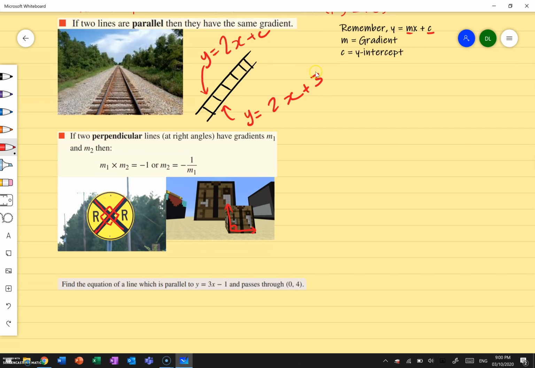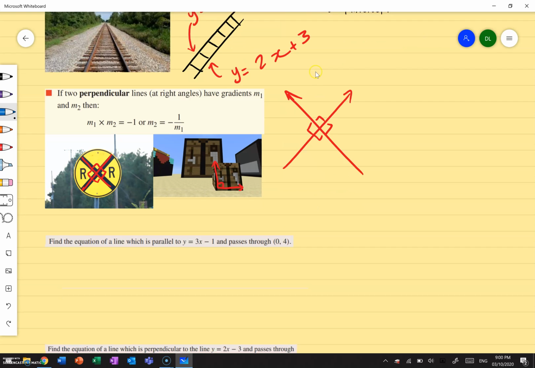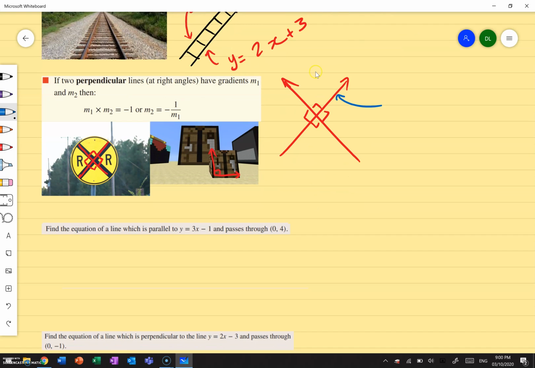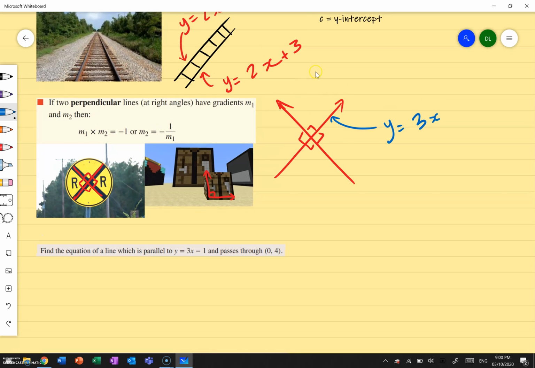Now, you could follow this over here. Basically, what it's saying is that those two gradients need to multiply to give -1. But a way to kind of go about that is, let's say that the gradient of this line right there is y equals 3x. And we need to find the gradient of the second line.